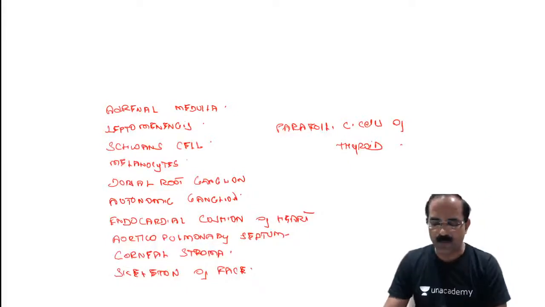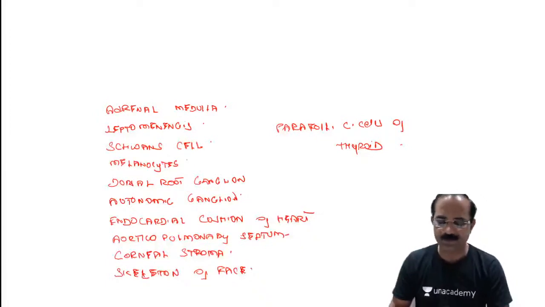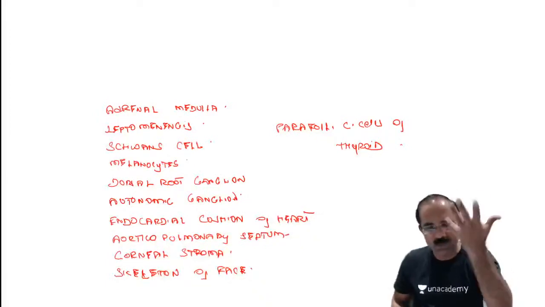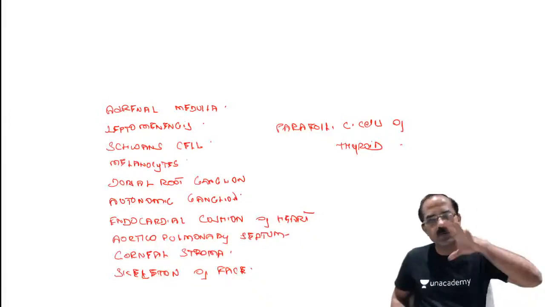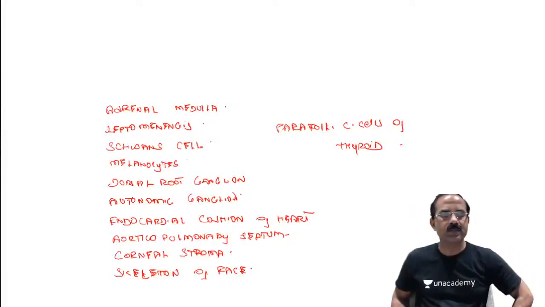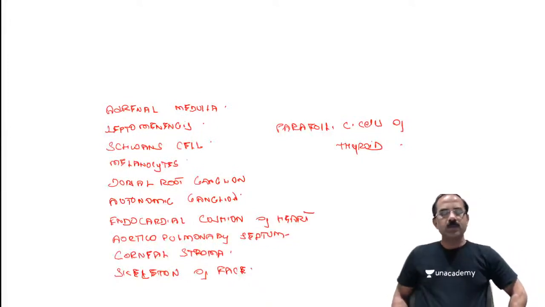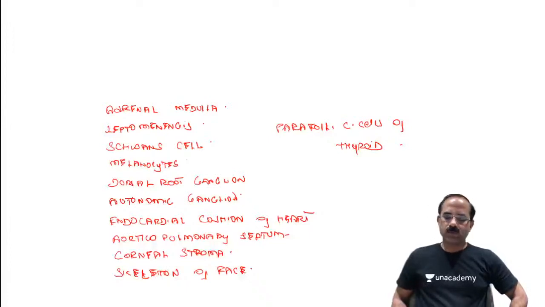Parafollicular C cells of thyroid. Facial skeleton it forms. The neural crest cells are going to migrate into the facial skeleton. Okay, parafollicular C cells of thyroid.